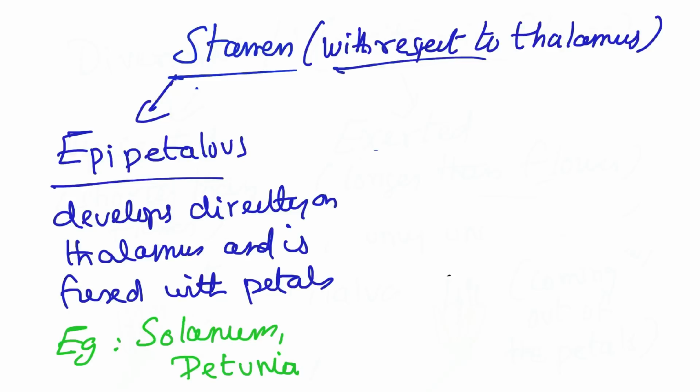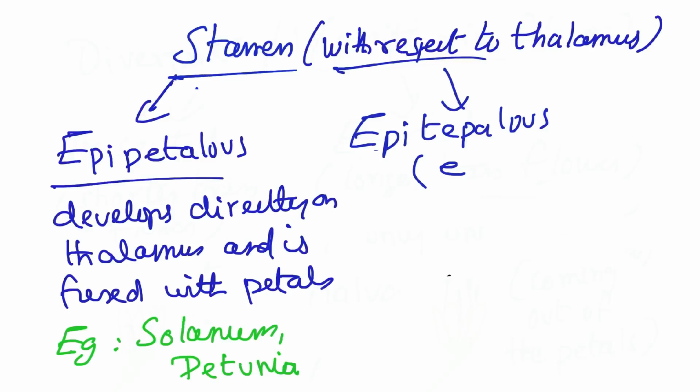And the other kind is called Epitepalous or Epiphyllous. Note the point that in tepals, petals and sepals can't be differentiated between, so that's very important. So it's Epitepalous, also called Epiphyllous.